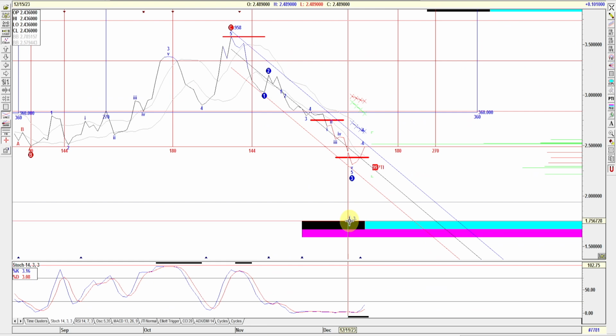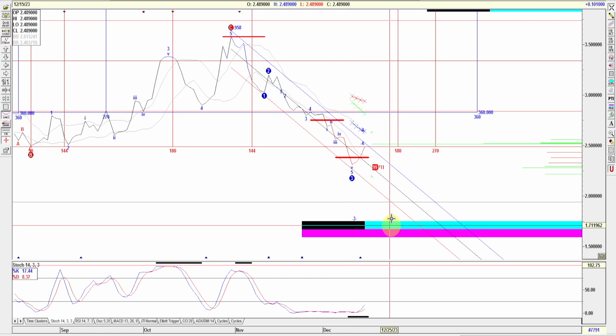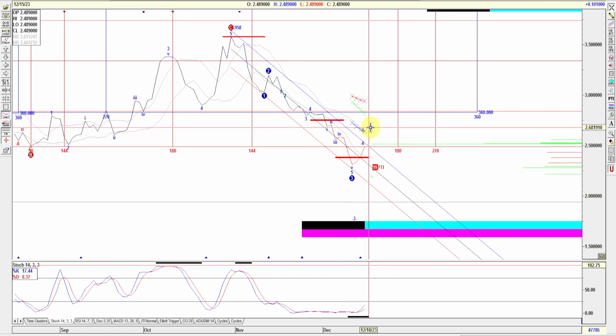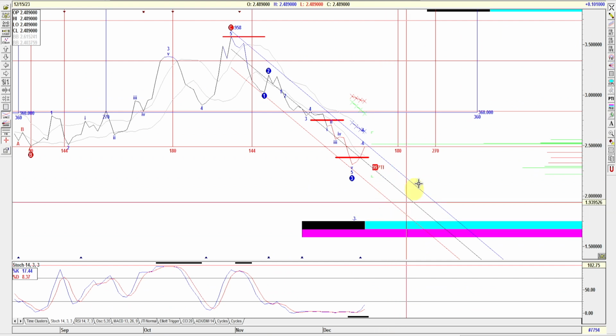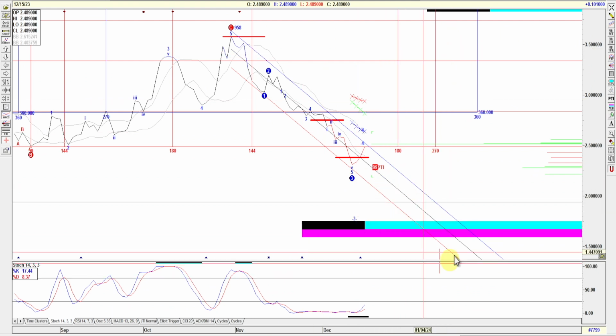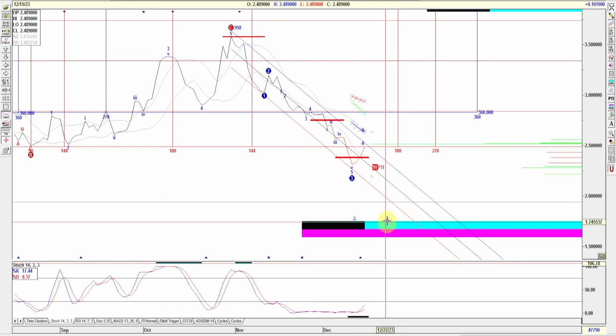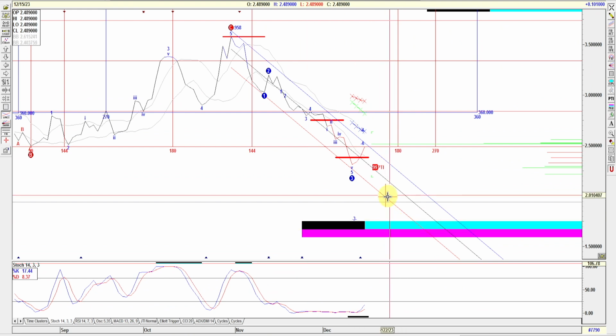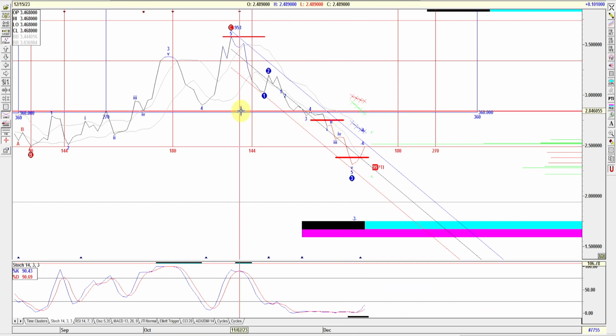This whole area from 175 to 159 could be a possible target for a wave 5 to end this and then bounce somewhere around here. That's the target I have if it goes past 194.